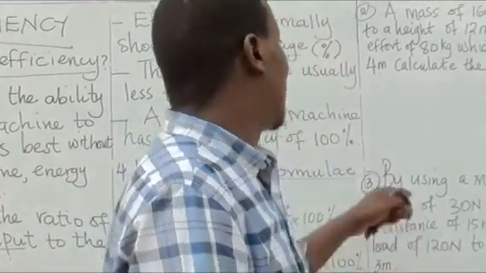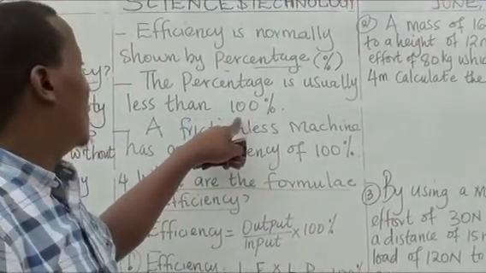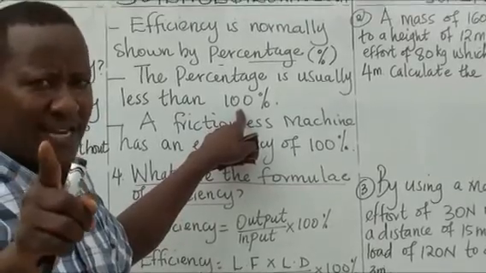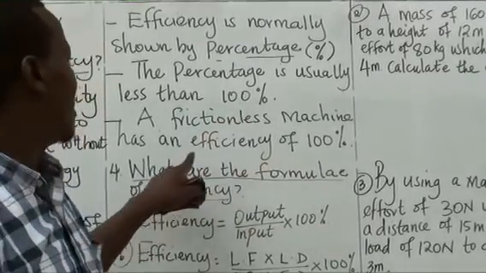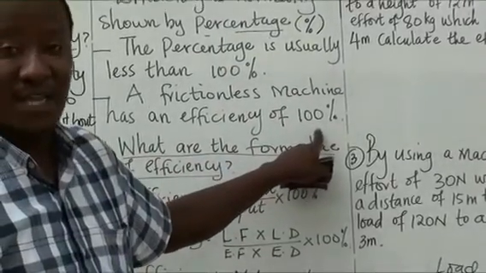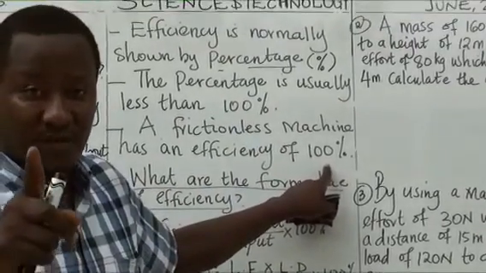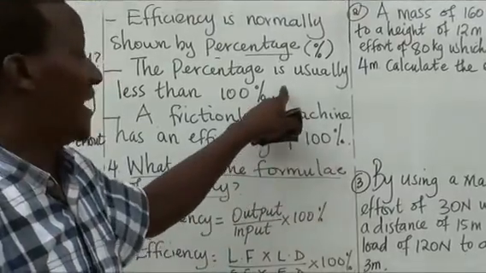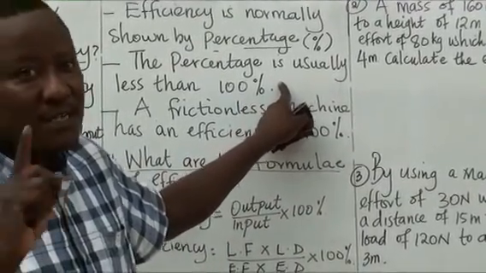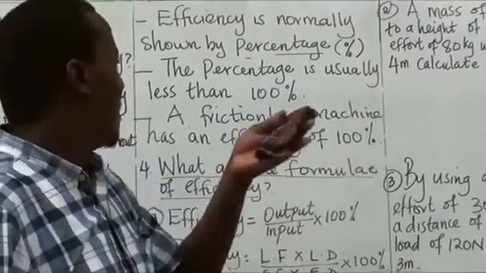Due to friction, the percentage of the efficiency of a machine will not be 100. But if you get a machine that is frictionless, that is when we say a frictionless machine has an efficiency of 100%. But most machines have an efficiency that is less than 100%. Dear learners, take note of that.